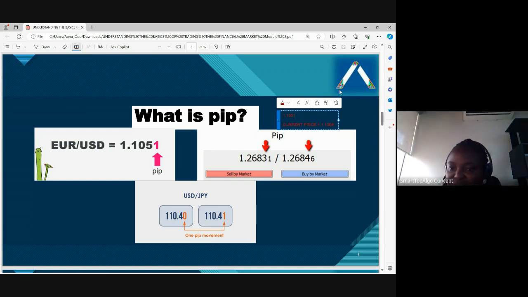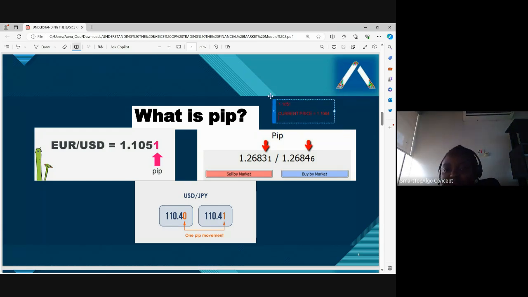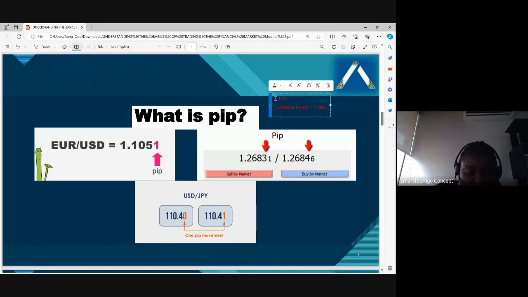Now, if we have this, as a trader, you need to be able to know how many pips price has moved. Remember, this is the point you enter the market, your entry price. You entered at this point, and this is the price.